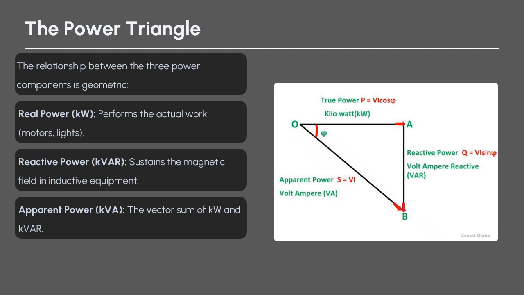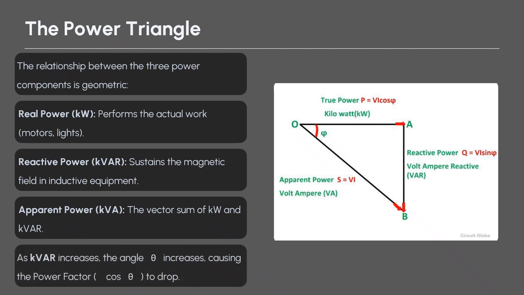Reactive power, typically caused by inductive loads like motors and transformers, creates a phase shift, which is represented by the angle theta. As kVAR increases, the angle theta gets larger, and the cosine of that angle, which is the power factor, gets lower. Our goal is to minimize that angle.